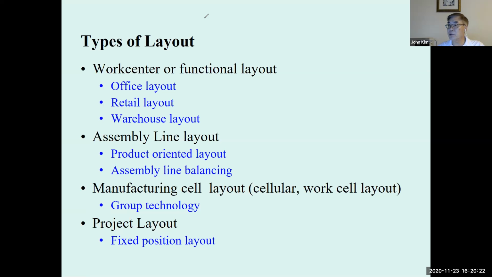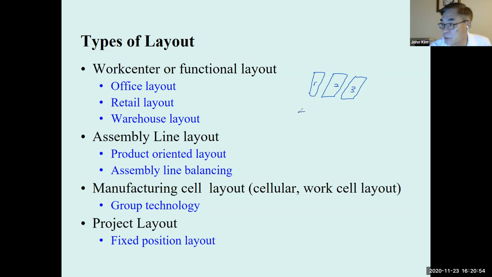If I draw this type of layout, it looks like this. For a retail store type, it's like an aisle type. Aisle 1, 2, 3.